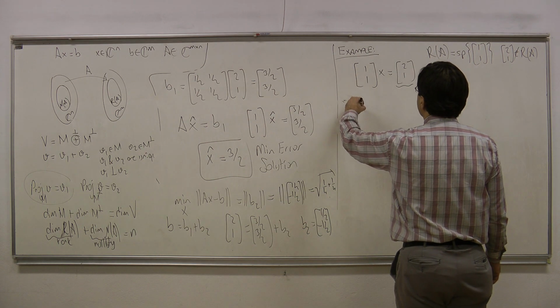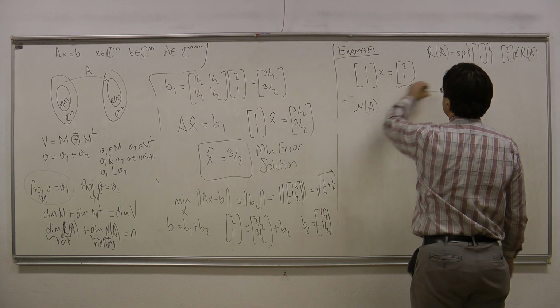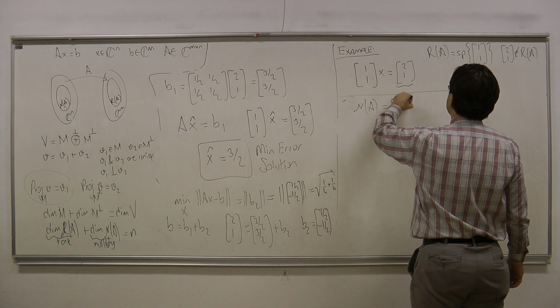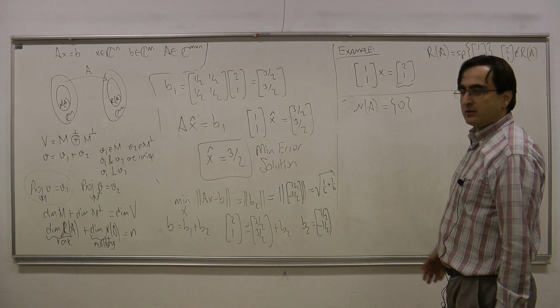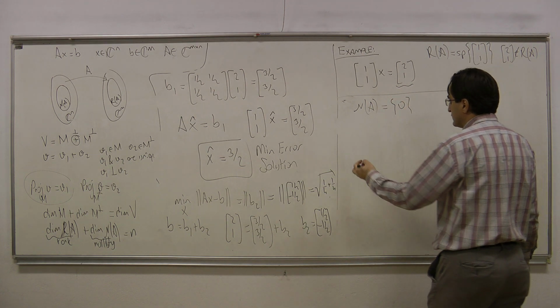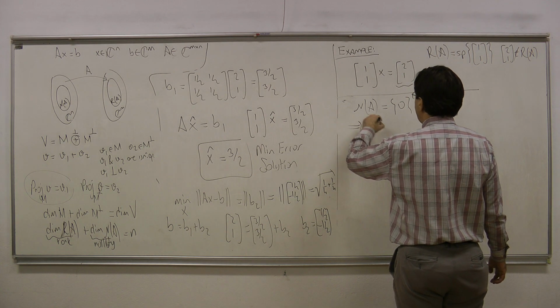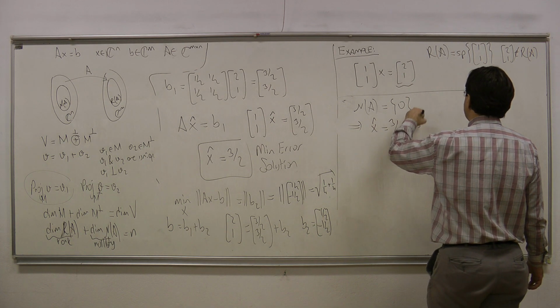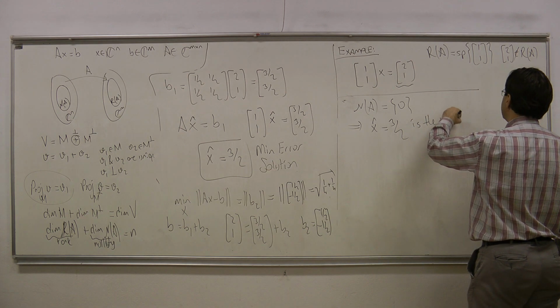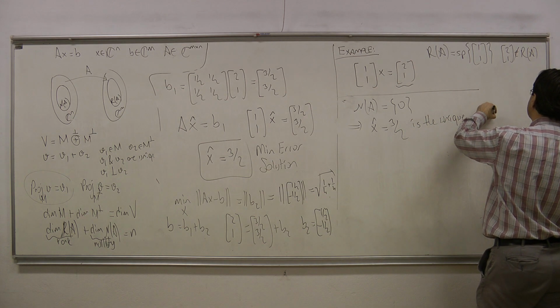And for this example, the null space of A is just a zero subspace, a zero-dimensional subspace. That means the solution is unique. So X set is equal to 3/2, the unique minimum error solution.